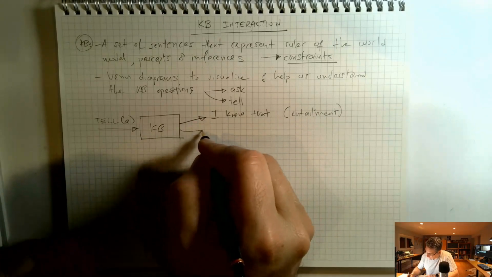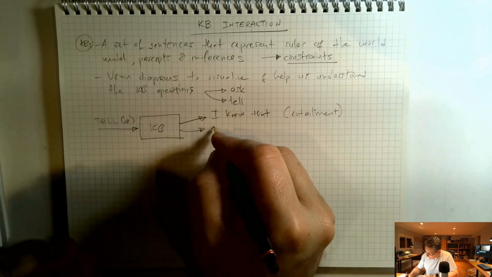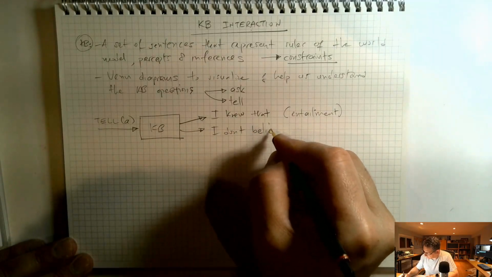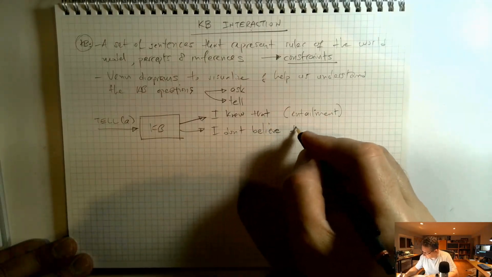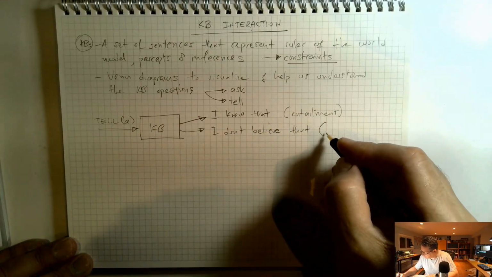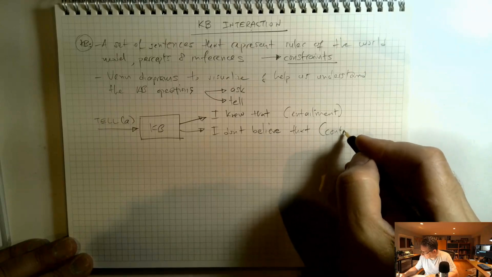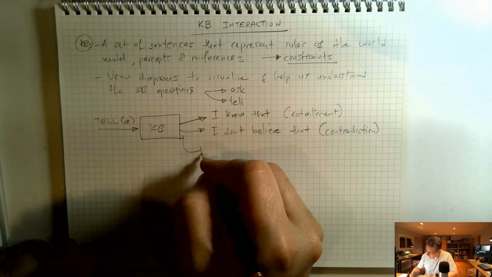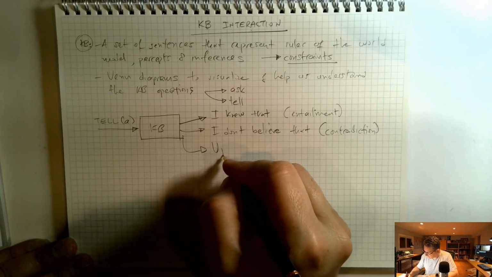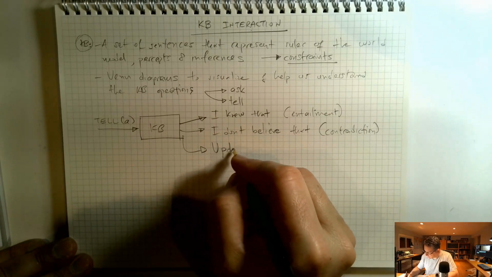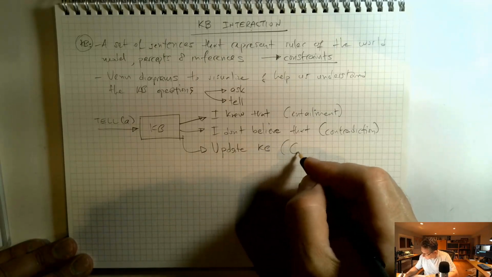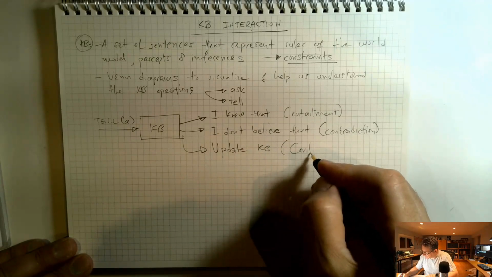Second, I don't believe that, which is also called formally contradiction. And the third is, I can update the knowledge base with this information, and this is called formally contingency.